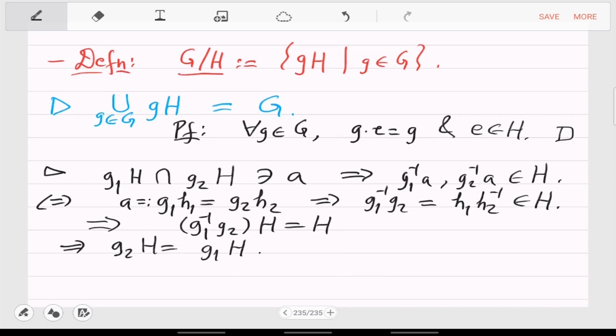Is that clear? So once you have learned that the ratio of G1, G2 is an element in the subgroup, you get that ratio times H is H, and then you can multiply both sides by G1 and you'll get that actually the two subsets are equal, right? Any questions?